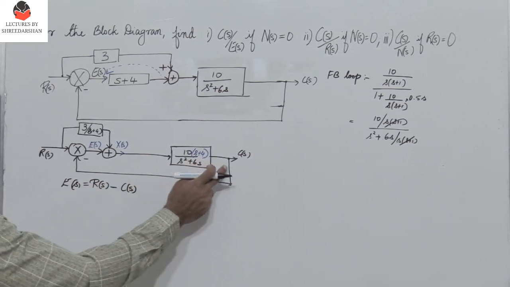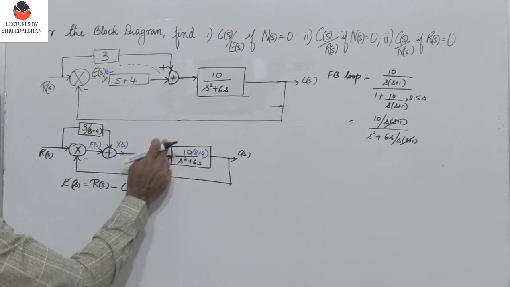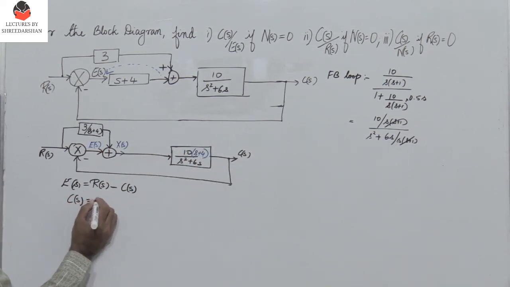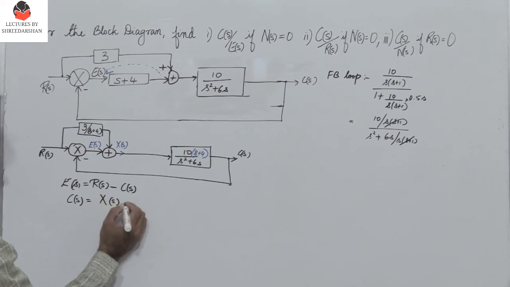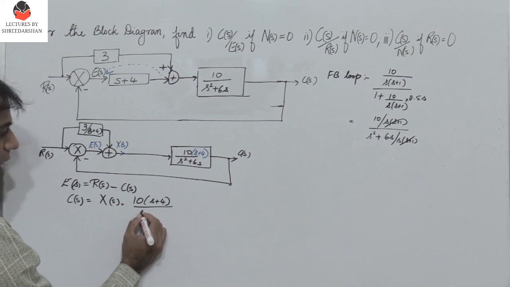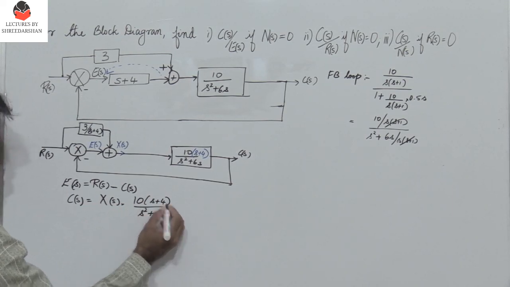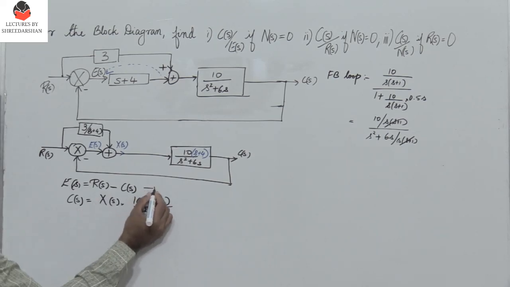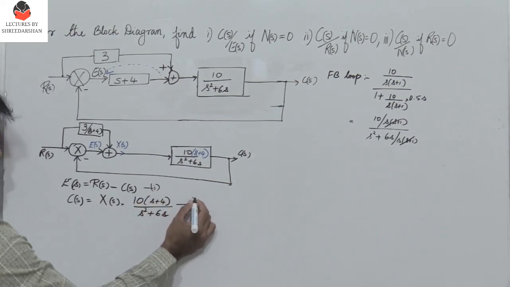Now what is C(S)? C(S) is nothing but X(S) into the transfer function. So C(S) equals X(S) into 10 into (S plus 4) divided by S squared plus 6S. So let me call this 1 and let me call this 2.